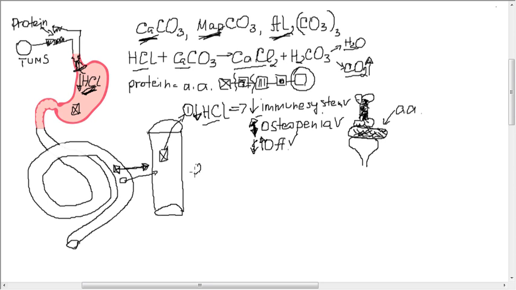Now, what happens when patients take calcium carbonate? Calcium gets absorbed through the digestive tract. Calcium, as an ion 2+, will go through the wall of the digestive tract and get absorbed into the bloodstream. The concentration of calcium in the bloodstream is very tightly controlled.